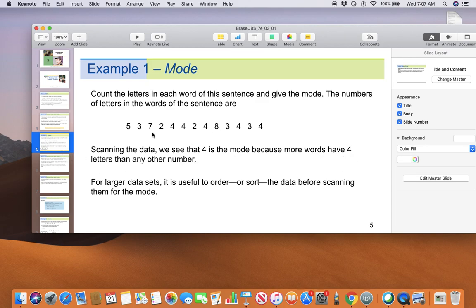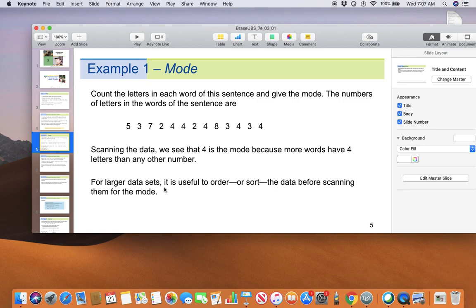So what were these numbers depicting? Counting the letters in each word of this sentence. So this is a sentence, and count the number of letters. That is 5 lettered, that's 3 lettered, that is 7 lettered, 2, and so on. That's how they got this set of numbers. And turns out 4 appears most frequently.